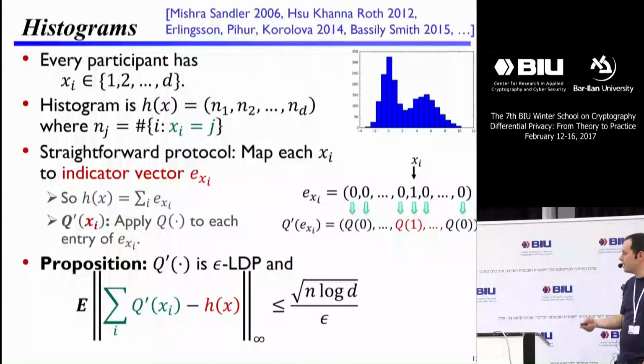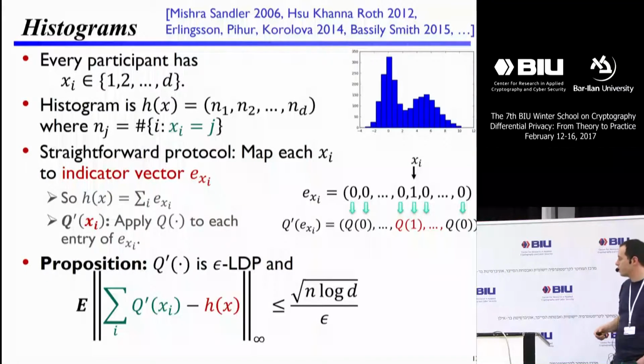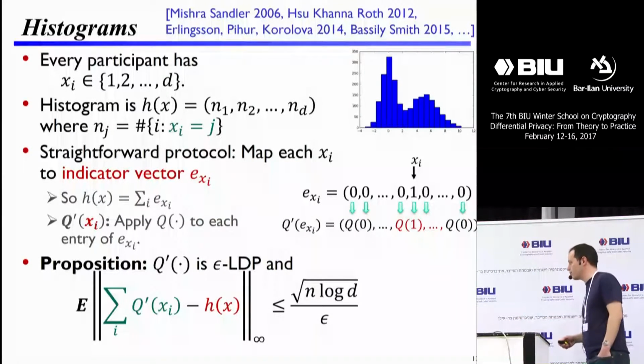And using exactly the analysis we had on the previous slide, one can show that the expectation of the L infinity difference between the vector of histogram counts we estimate in this way and the vector of true histogram counts is going to be on the order of square root of n, and we're going to pick up an extra factor of log d because of the union bound over the d entries of this vector, and then we get this over epsilon. Okay, so this is a nice clean way to approach this problem.